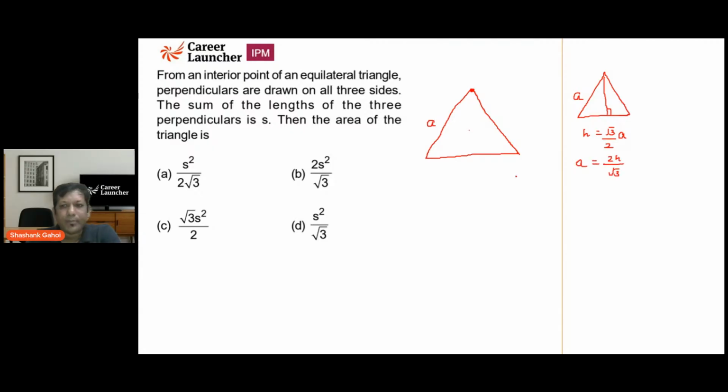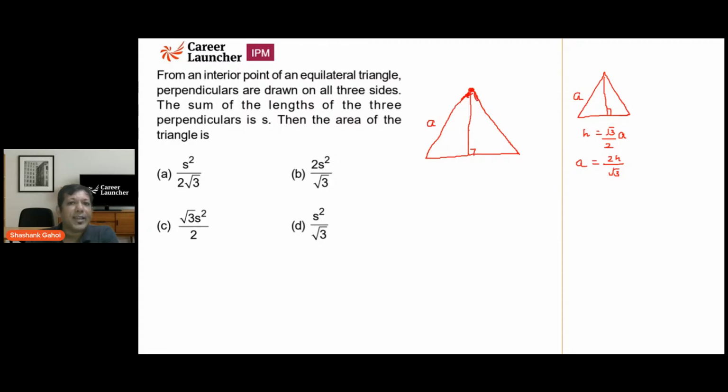Okay. So I am assuming that this is the point from which I am drawing the perpendiculars. Okay. So from this point to this line, what is the length of perpendicular? 0.